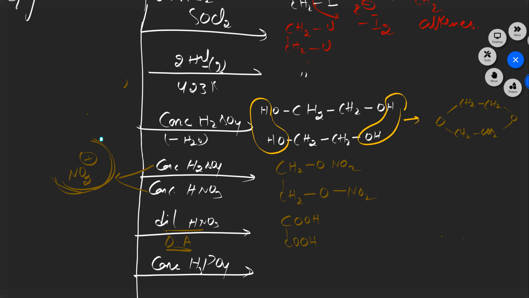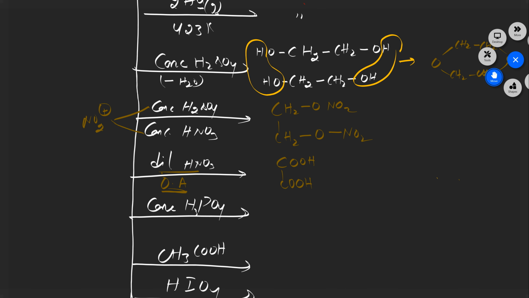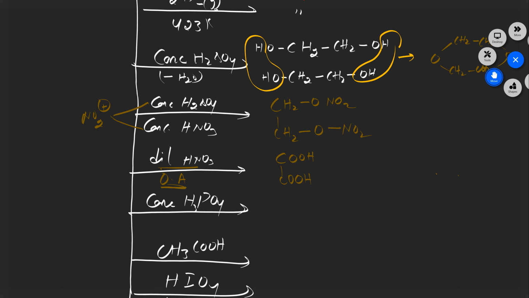Next one is H3PO4, phosphoric acid. It is also like H2SO4, but it does not have that much power to release two water molecules. It can release only one water molecule from that glycol. I am taking two molecules, CH2 OH, and this one is CH2 OH. What reaction takes place with concentrated H2SO4?